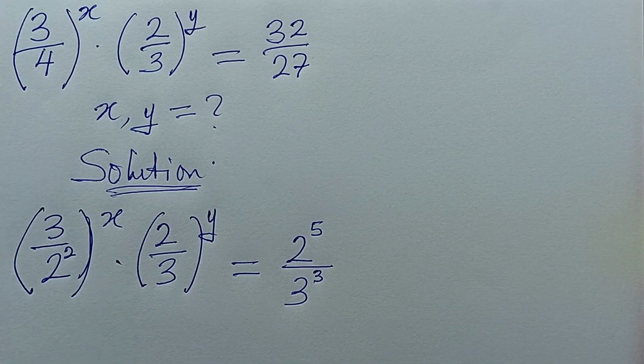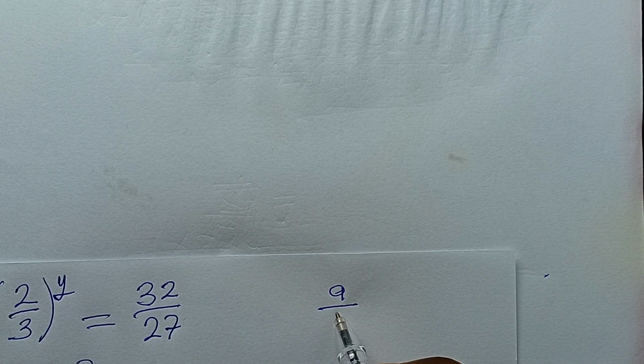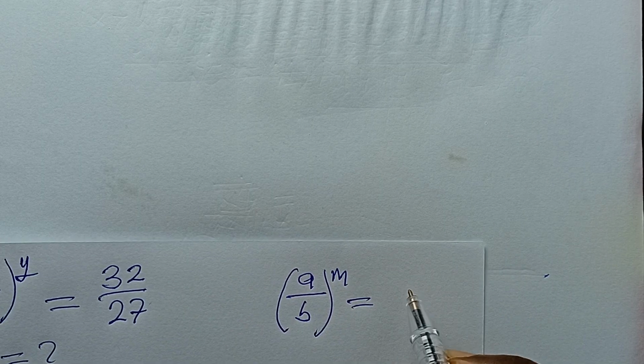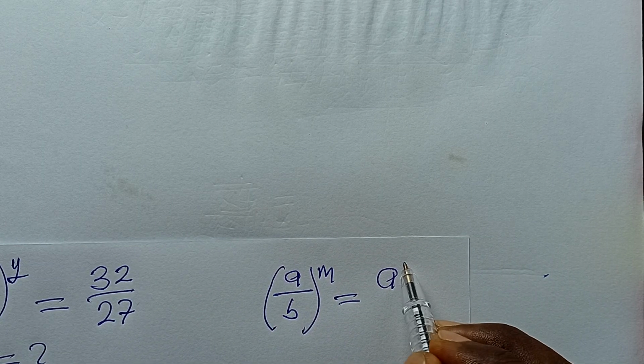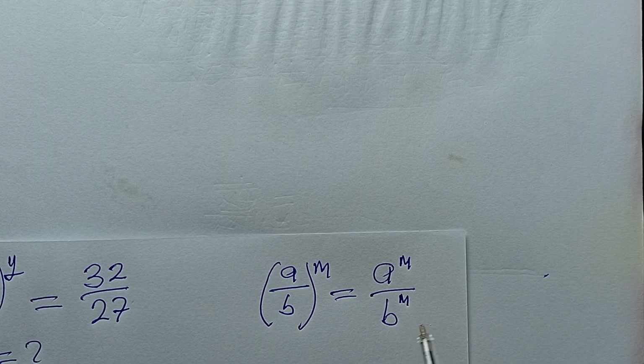Applying a simple law in indices, we say that (a/b)^m is equal to a^m over b^m.